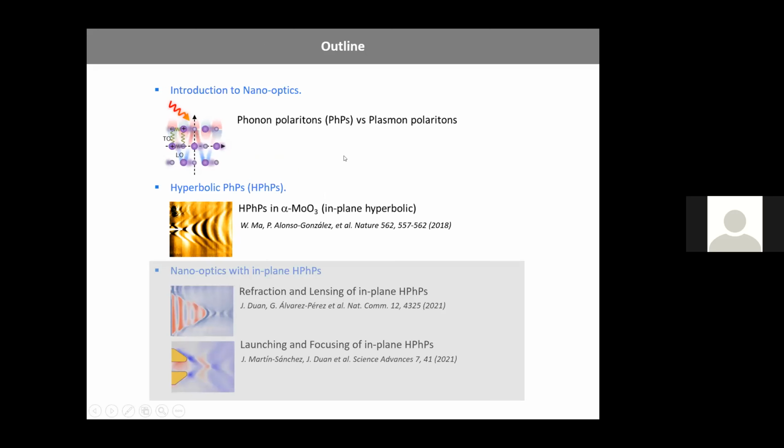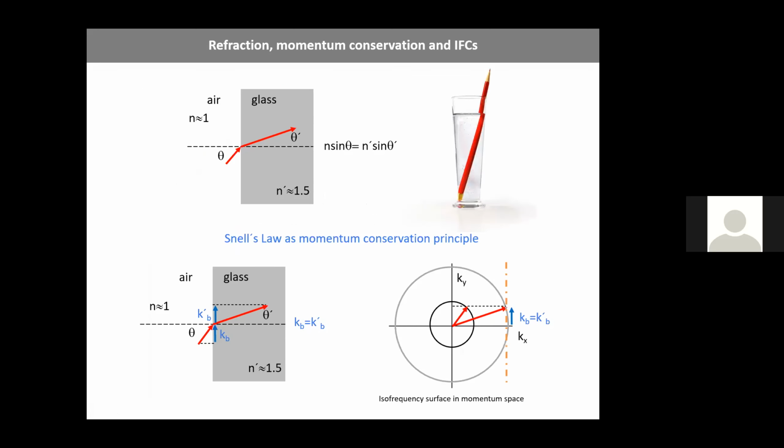And what we wanted to do is, okay, let's try to understand what happens with refraction in this case. Very simple physics: Snell's law. We probably studied this in the first course of our bachelor degree. Here we see that when light enters a medium with a different refractive index, in this case larger, the light bends towards the normal.